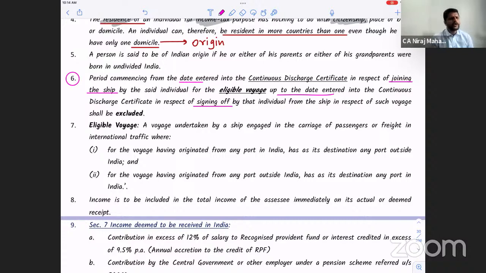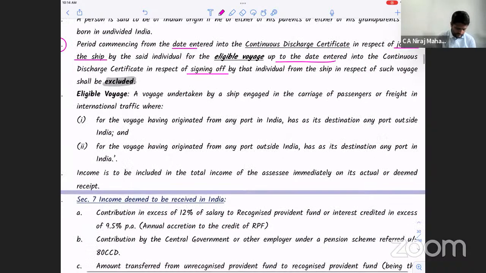Now we're talking about that voyage, that journey, the transport. Whatever period is mentioned in the certificate, that period will be excluded from your counting number of days stay in India. Shall be excluded. I'm writing again here.